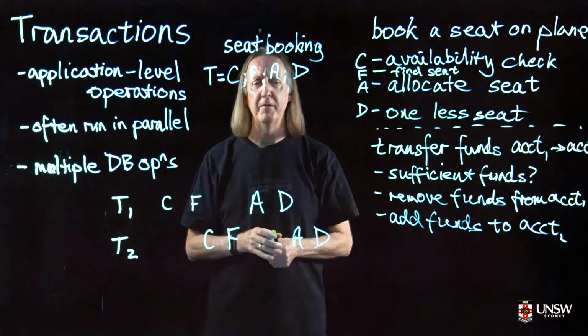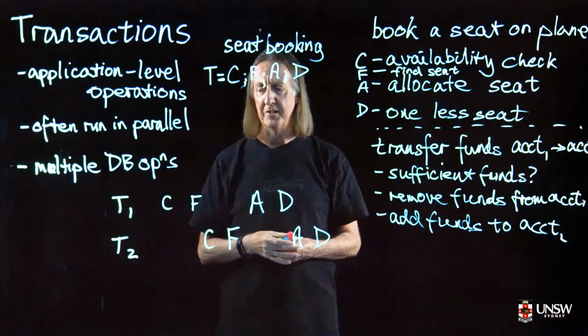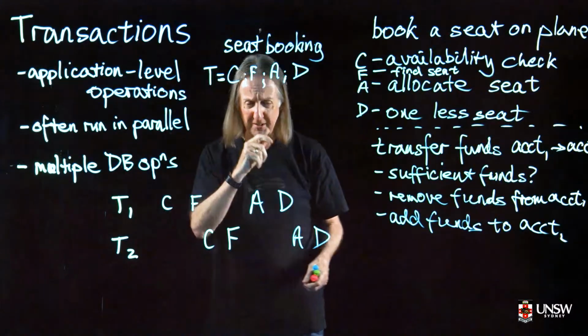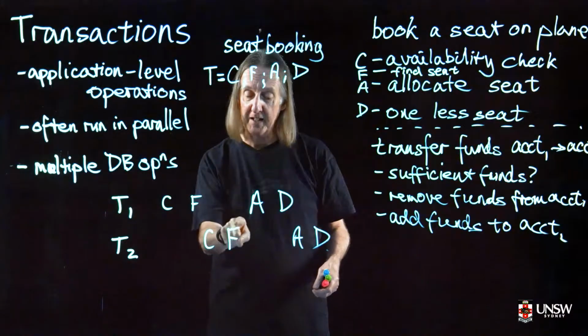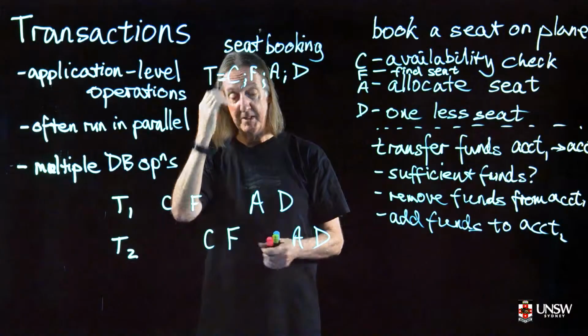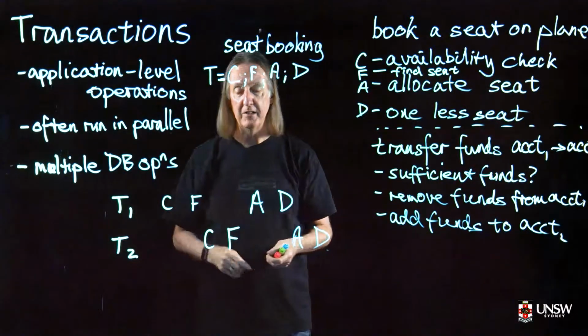If there's more than one available seat, then T2 might find a different seat to the one that T1 found. And that would be very nice if that happens. So then we allocate and decrement and allocate and decrement. So the allocate is actually updating the seat that we found in the F statement.